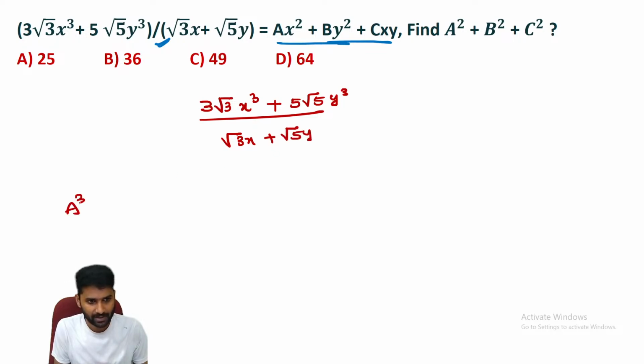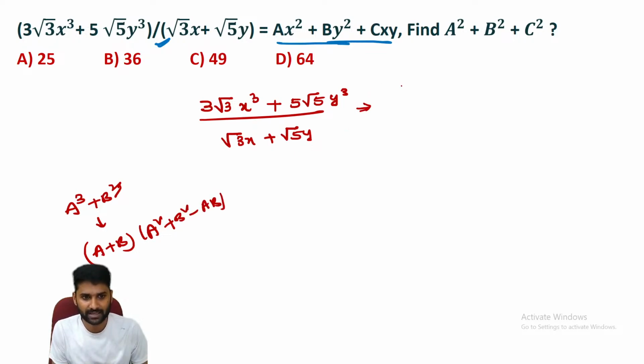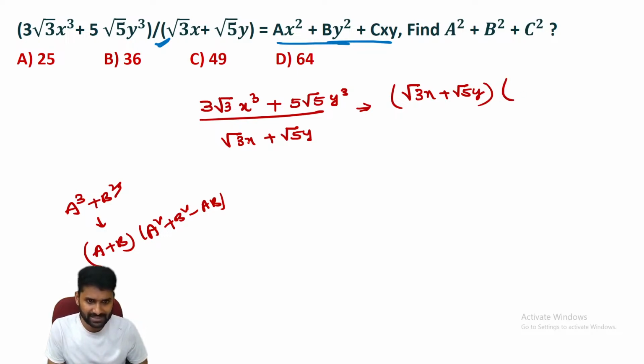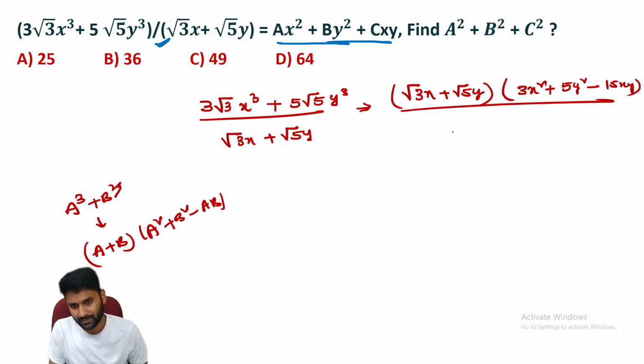To this form, a cube plus b cube is always needed: a plus b into a square plus b square minus ab. We take this expression here, root 3x plus root 5y. This is a plus b, and a square plus b square minus ab. Just take this as the value: root 3x is equal to a, root 5y is equal to b. Now you will get 3x square plus 5y square minus root 15xy, divided by root 3x plus root 5y.